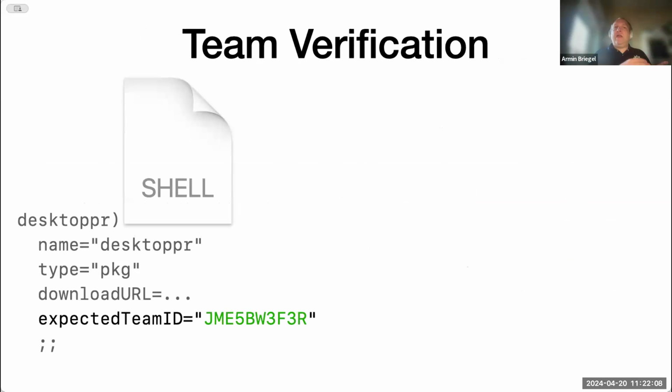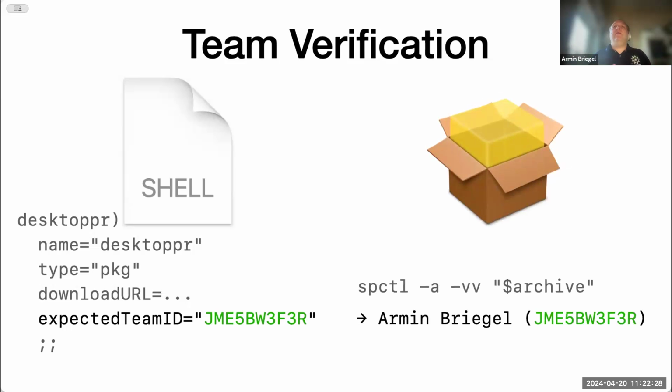Gatekeeper only cares that it was signed and notarized. But because we have in Installomator a list of all the instructions of how to download and install a piece of software, we can add one piece more, and that is which team ID should this installer have? And then when I download something and the team IDs match, everything is awesome. We know this is safe to install.